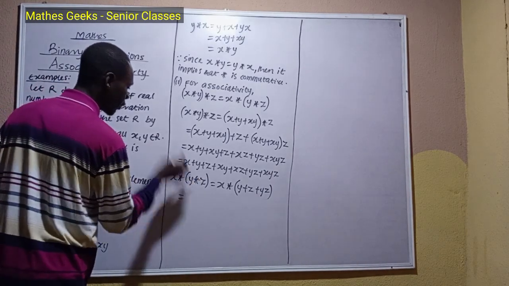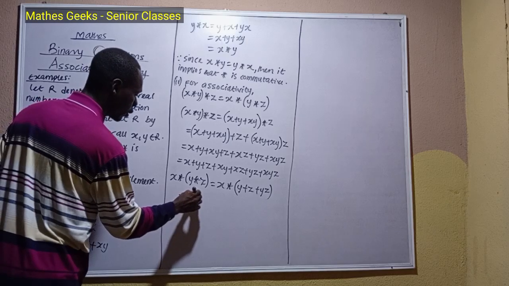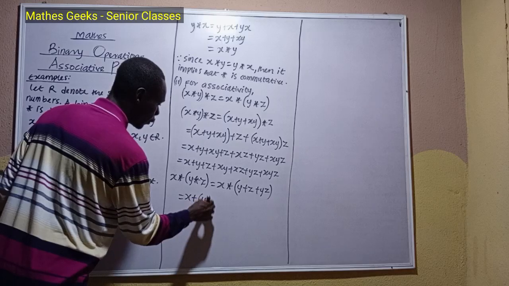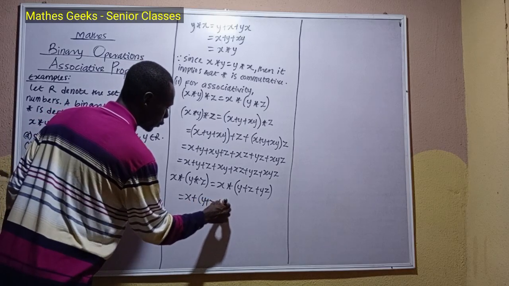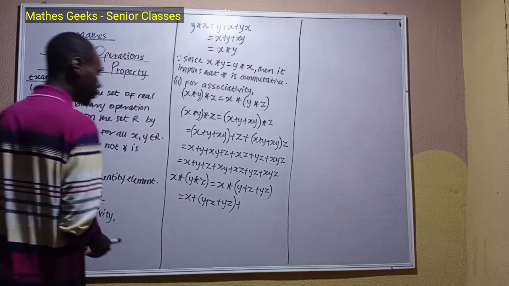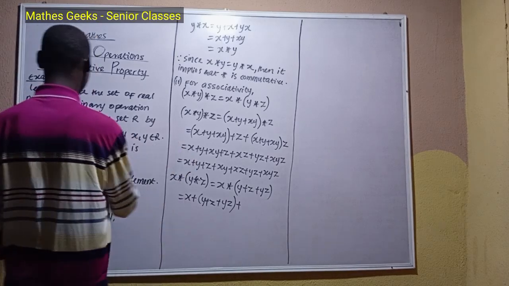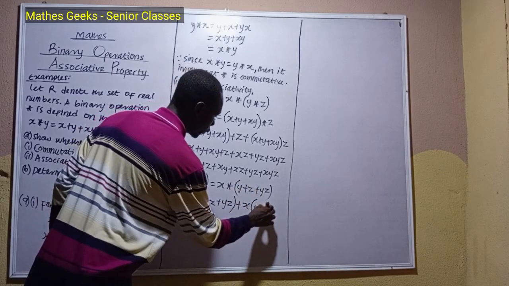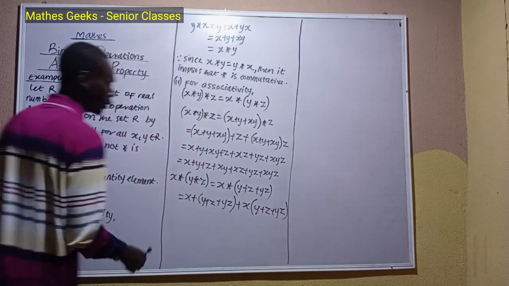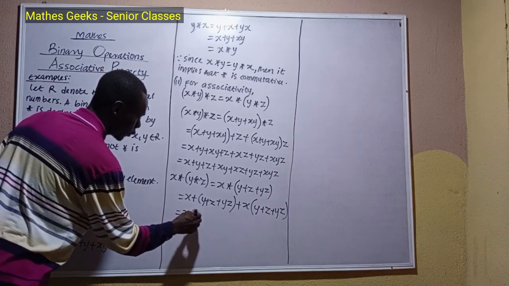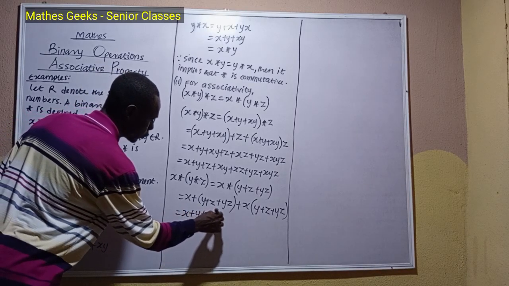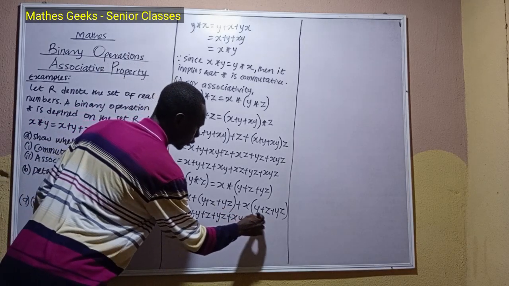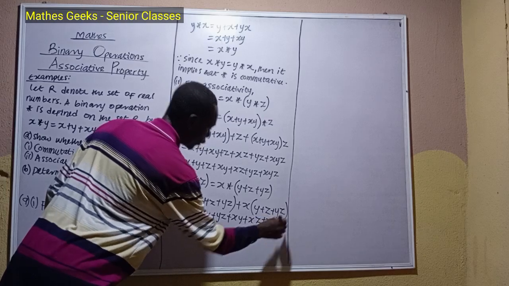So in this equation, x star y star z becomes x plus, so y will be y star z, which is this, y plus z plus yz, plus the next part is xy, and that's x times y plus z plus yz. Let's expand: x plus y plus z plus yz plus xy plus xz plus xyz.